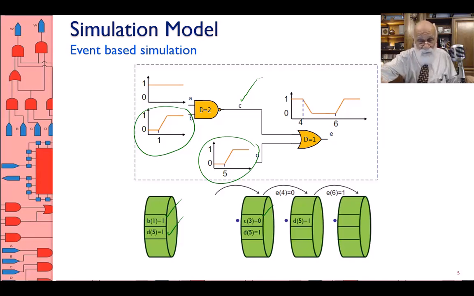C comes into the event queue, but D is still in the event queue. At time 3, this gate has some change on it, and then this gate also has a change on it at time 5, and therefore I will evaluate this.